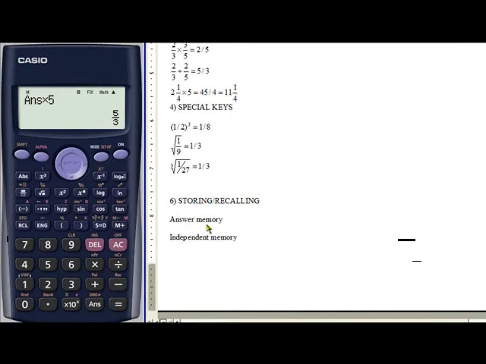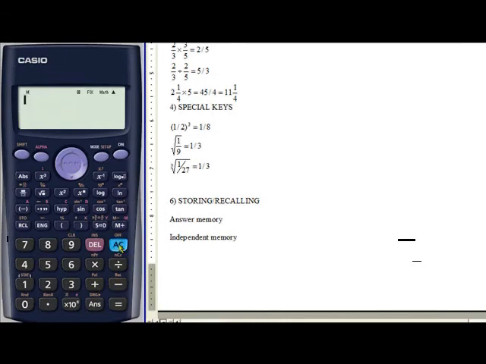Now if I want to put this 5/3 in an independent memory with the M+ button, what you need to do is just say I want to store this thing, and in most calculators it's like that, and now push M+. You see the answer is stored in M. Now it's all in there.